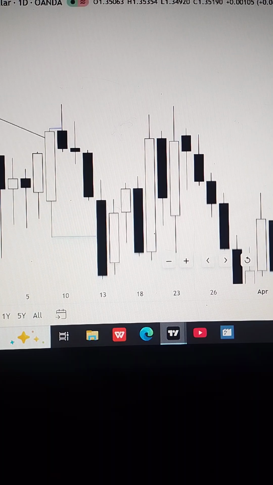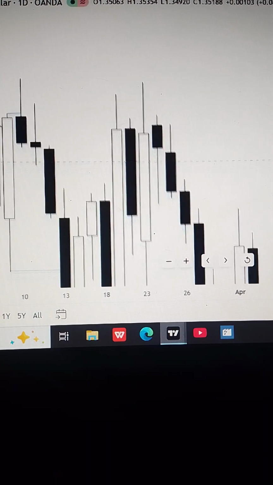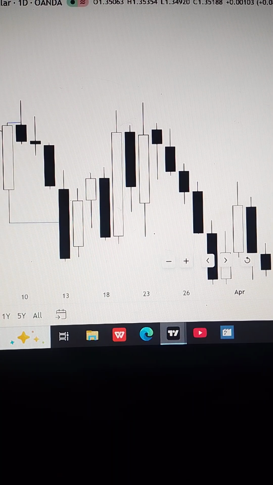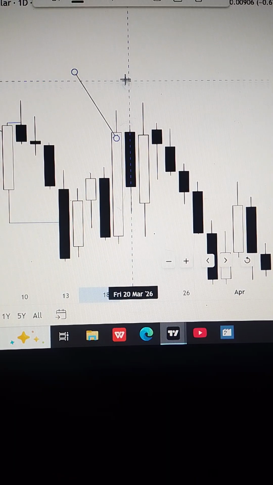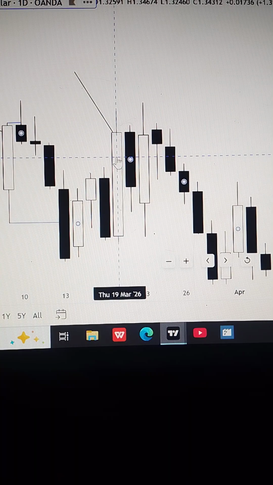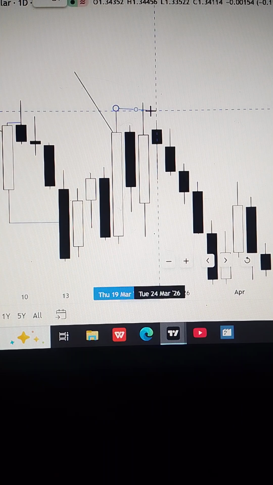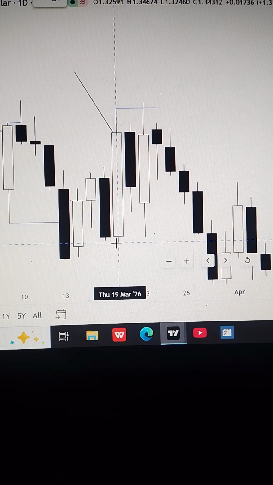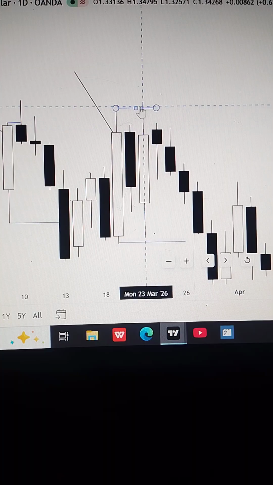Now I'll show you a market which you are supposed to avoid. We had this candlestick here, and it's still a bullish candlestick. We mark its high and its low. So this is the daily bias.